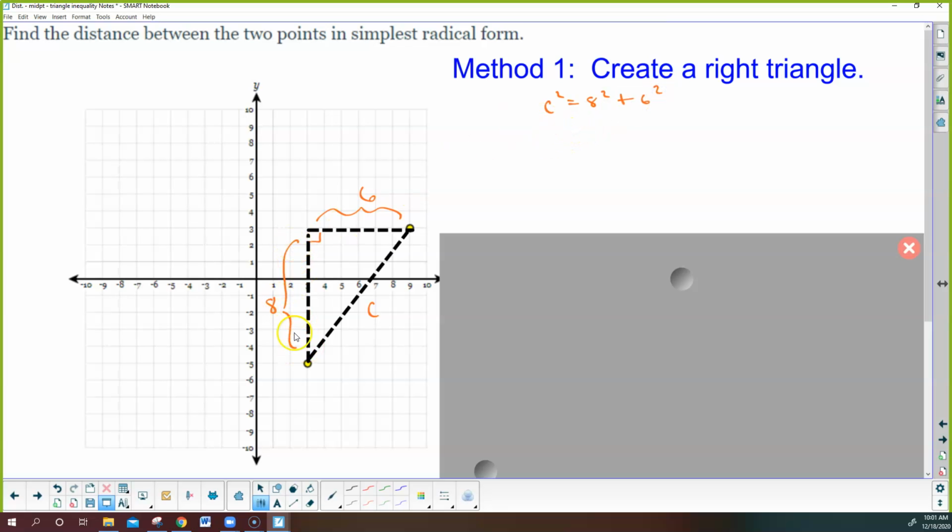Let's take a look here. So I just kind of quick counted. We go up 8 and over 6 to form the right triangle.